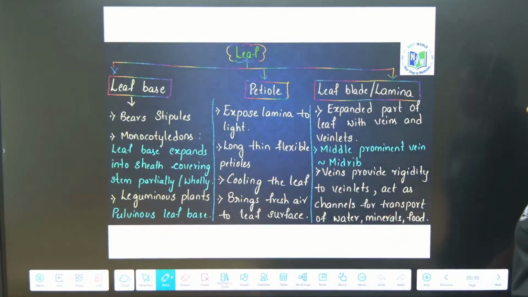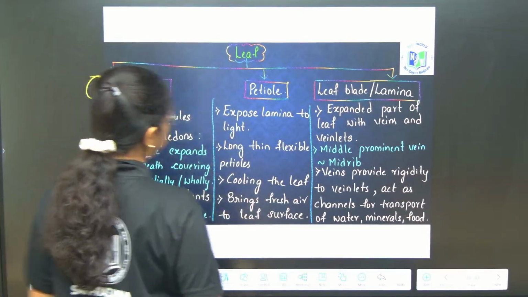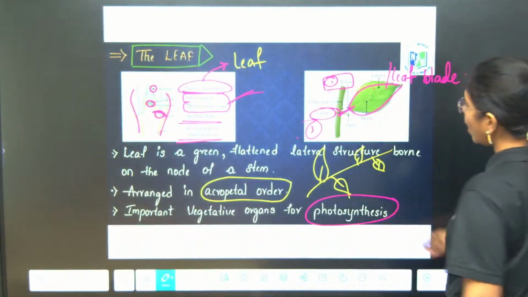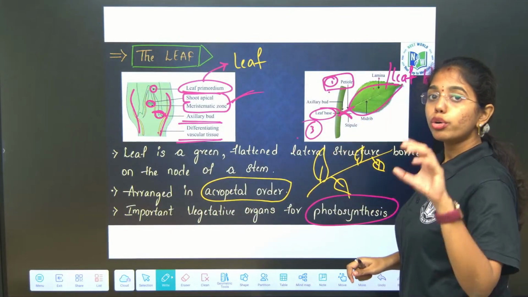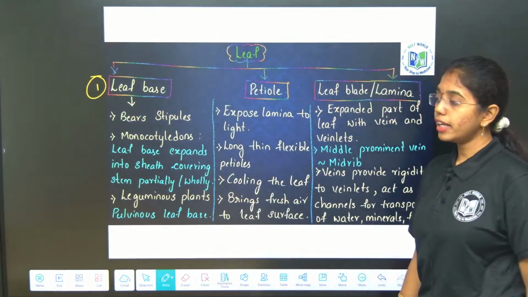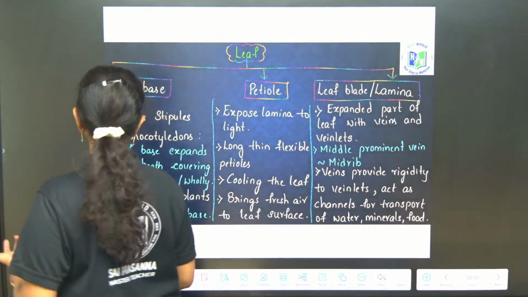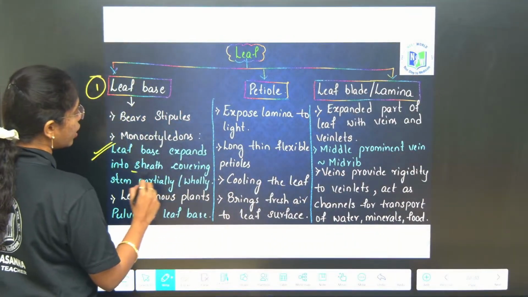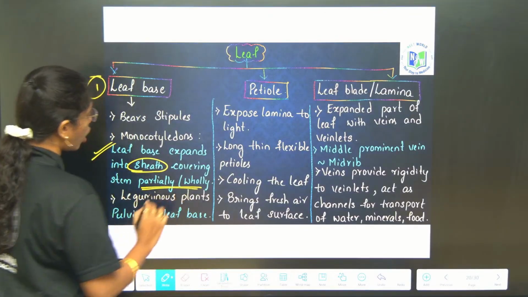Look at the parts carefully. First is what? Leaf base. Leaf base bears stipules. Can you see here? Small bract-like structures which give additional support to the petiole to hold the leaf. Those are stipules, which are present at the leaf base. And in monocots, there is a modification of leaf base, wherein leaf base will expand into a sheath. This sheath covers the stem partially or wholly.